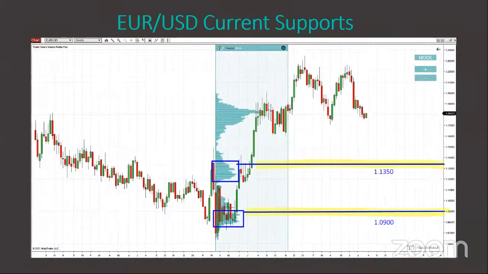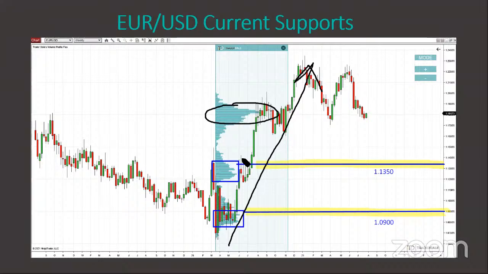Now, the next instrument which I want to cover is the euro dollar, another popular one. And what you want to notice first, again, is an uptrend. In this trend there were 3 significant volume areas. This one, and this one.